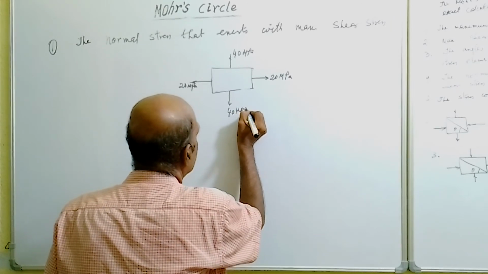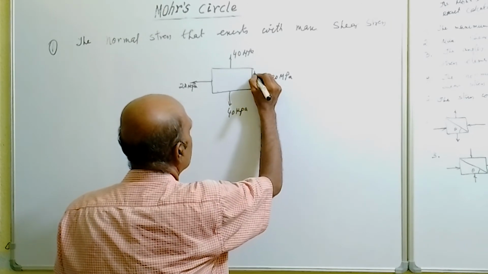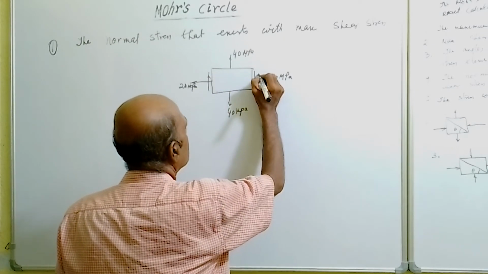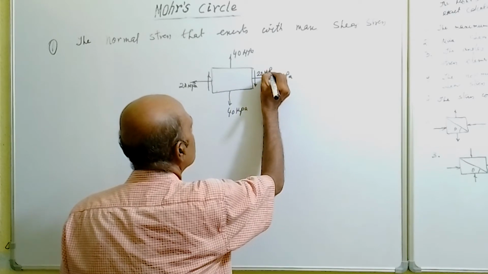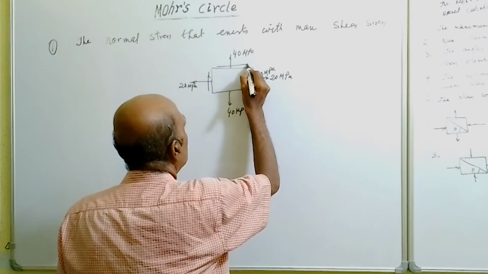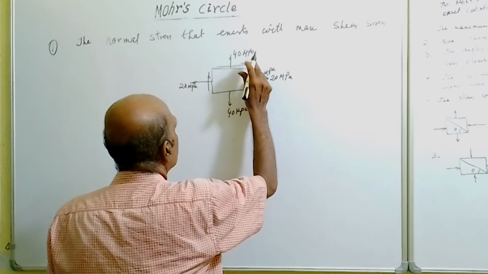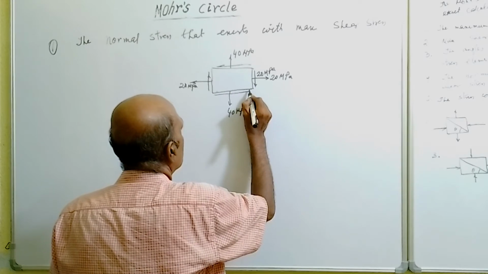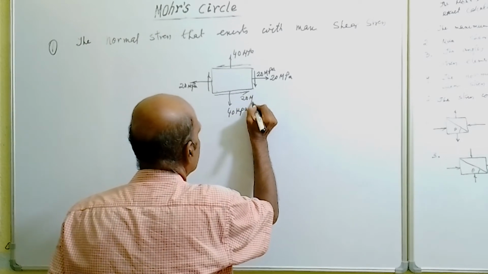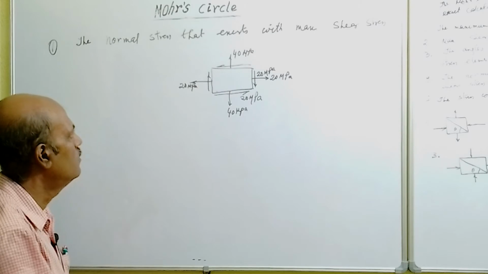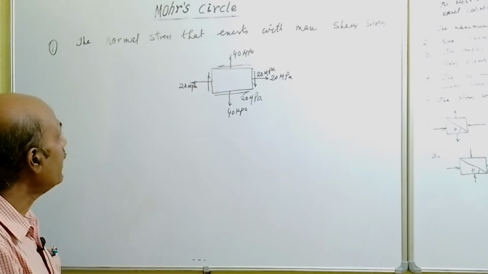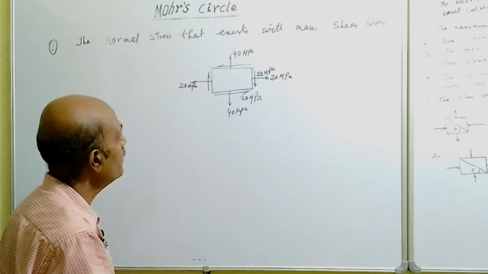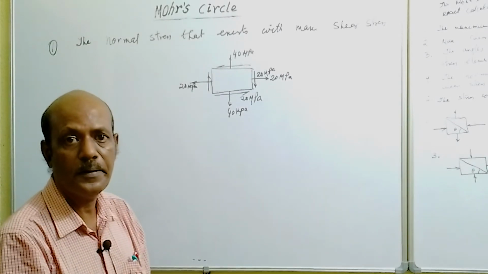As well, shear stress also acts on the x face, in clockwise sense, say 20 megapascal. So on the y face it will be in anti-clockwise sense, that is 20 megapascal. Now we have to find the normal stress that exists with the maximum shear stress plane.